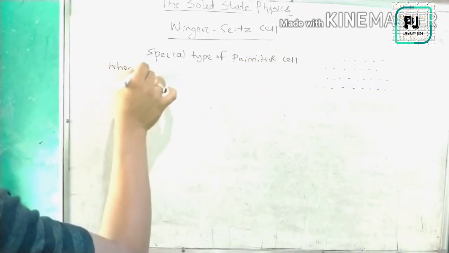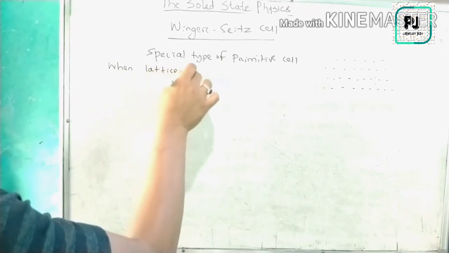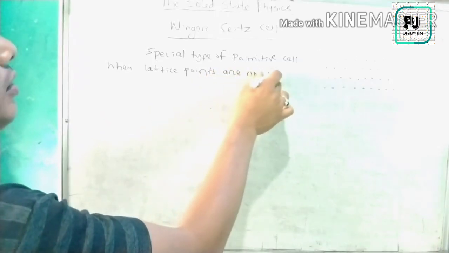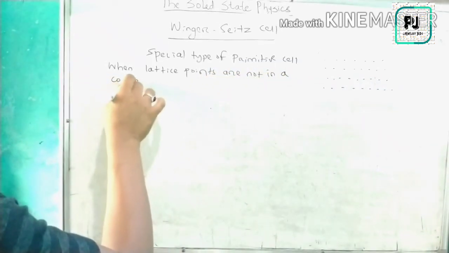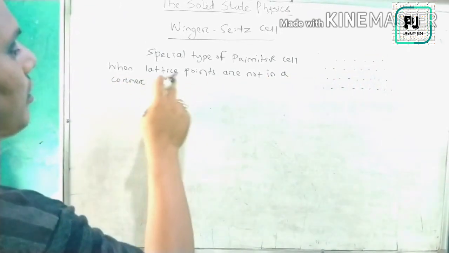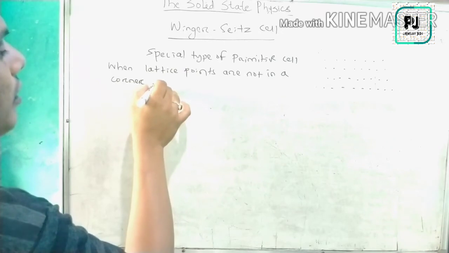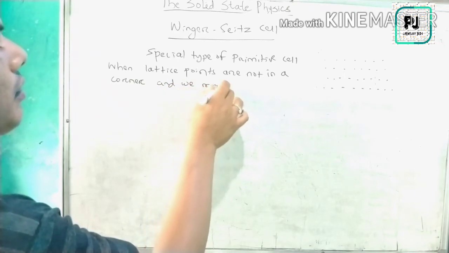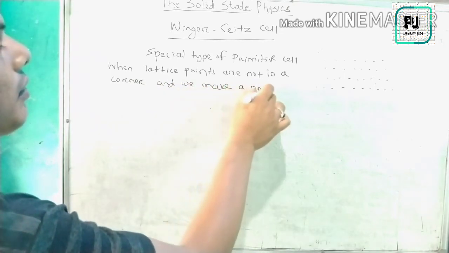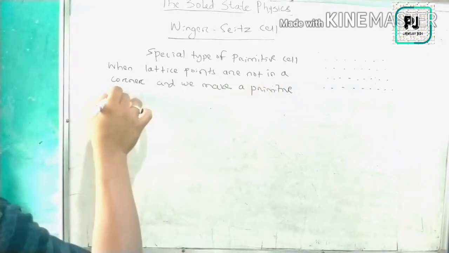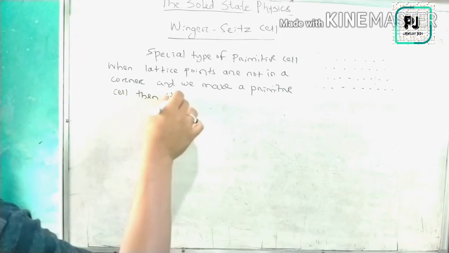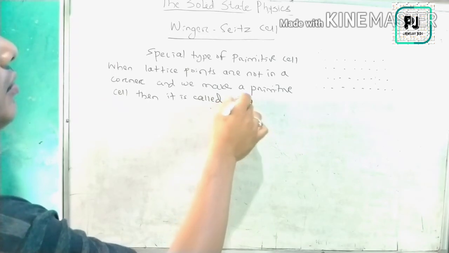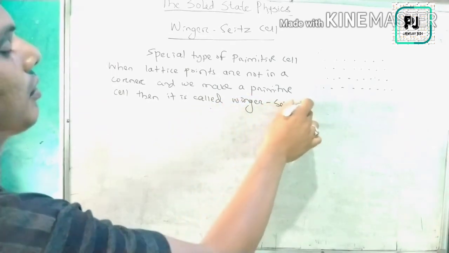When the lattice points are not in the kernel, that means in the middle, and we make a primitive cell, then it is called Wigner-Seitz cells.